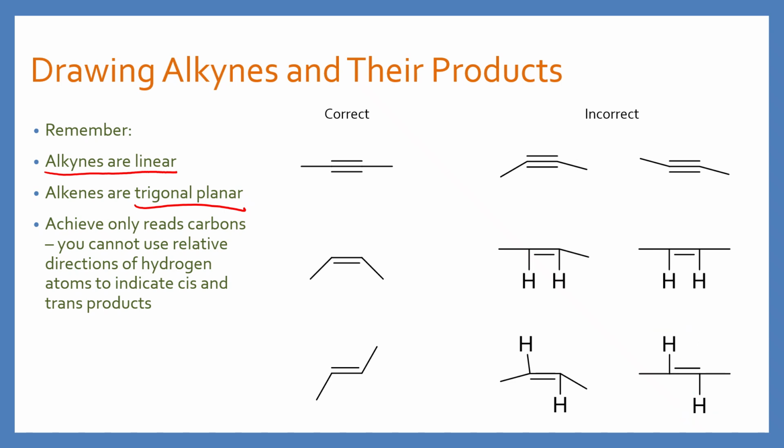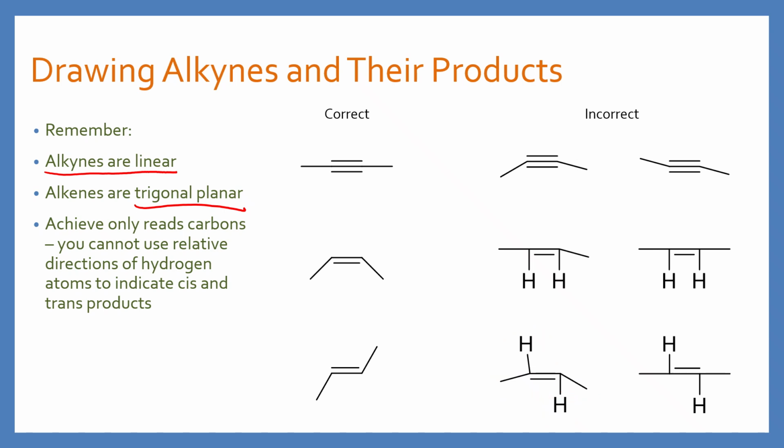Again, to Achieve, these two answers are identical because it's not reading the hydrogens. So it doesn't know what you're trying to say. But then also sometimes students end up doing really weird things where their carbons are actually cis to each other, but they've drawn the hydrogens trans, so they think they're okay. But Achieve is reading this as cis.